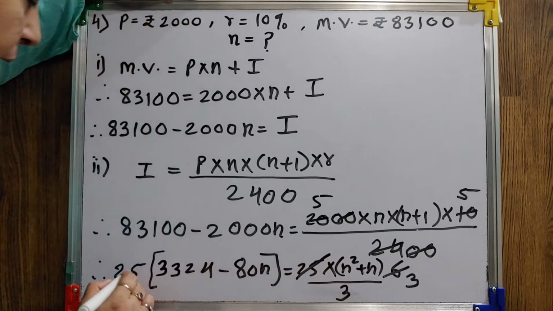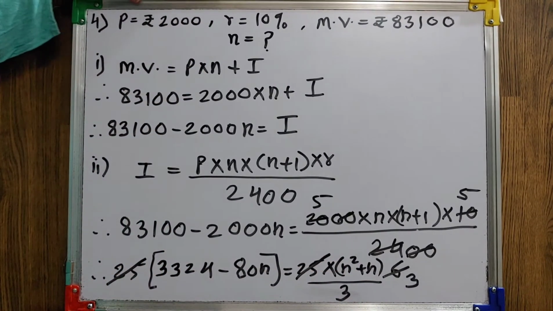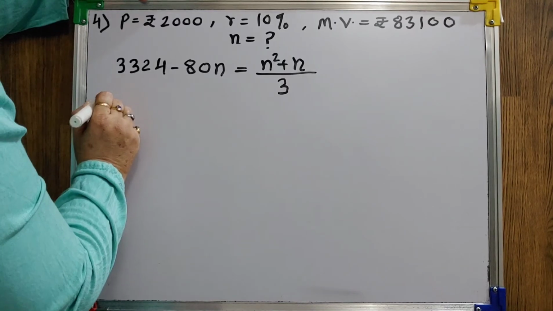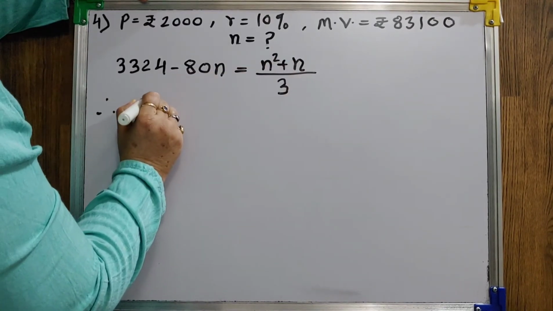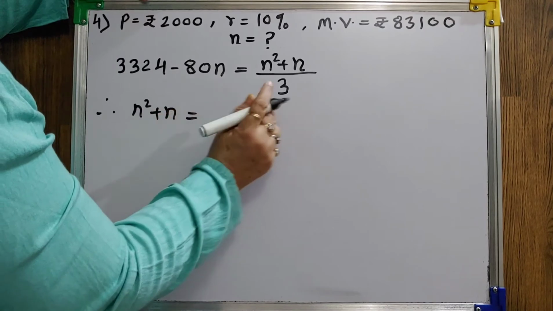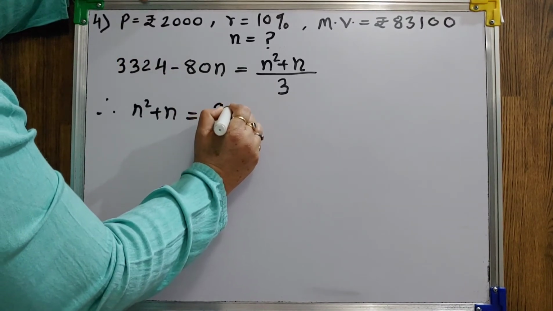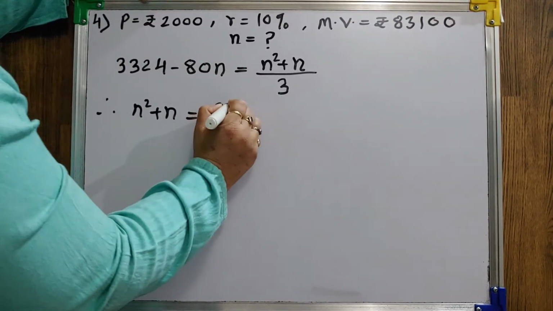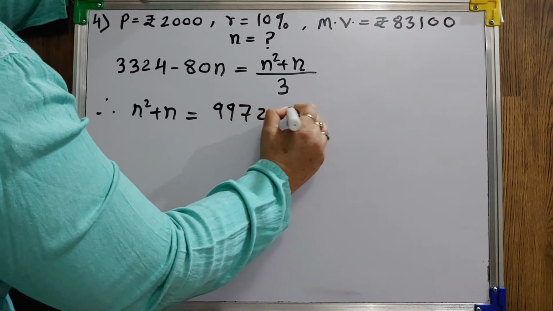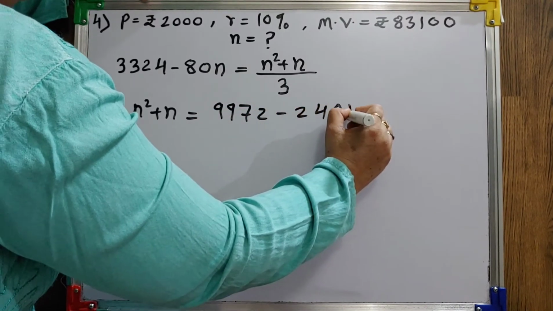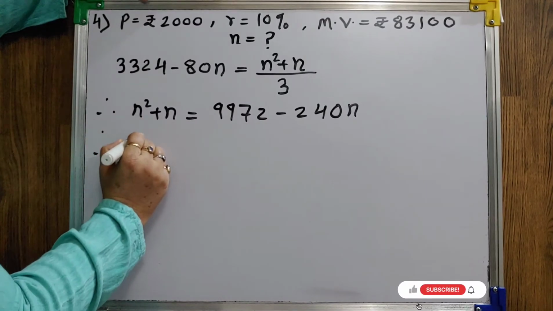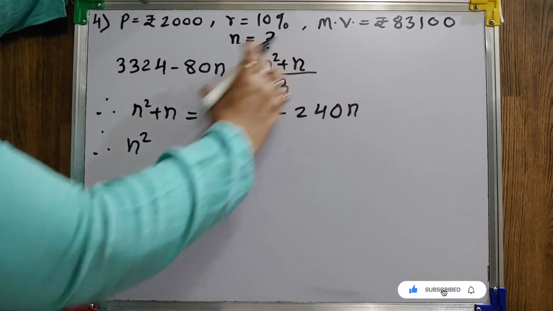Now 25 you can cancel on both the sides. Now cross multiply: n square plus n. When you multiply, this is 9972 minus 240n. Transfer this side, plus 1 is there.